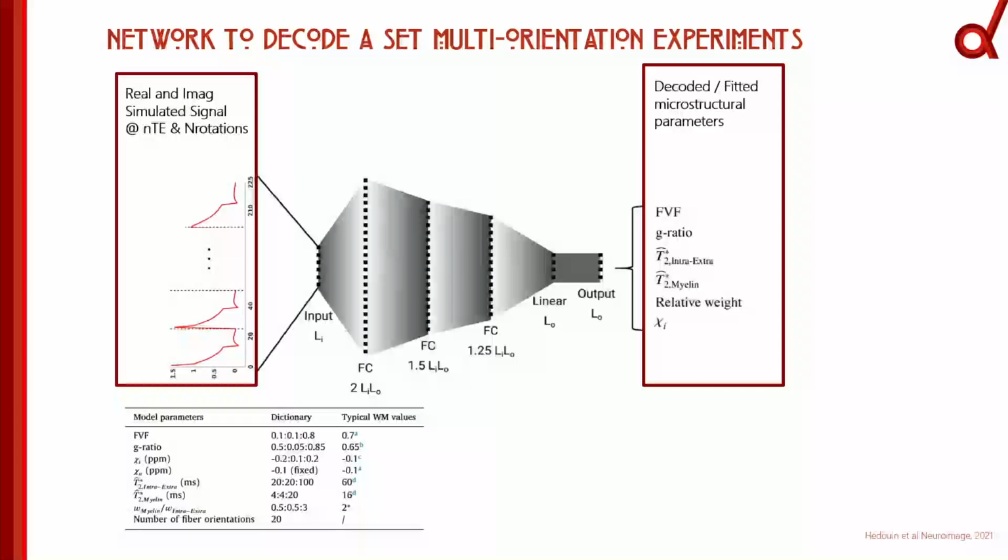So you train a network. This is just a very simple, fully connected network where you try to decode, based on your real and imaginary dictionaries of signal for the different orientations, the FVF, the G ratio, the relative weight of the T2 signal inside the myelin water compartment, and the susceptibility of myelin.